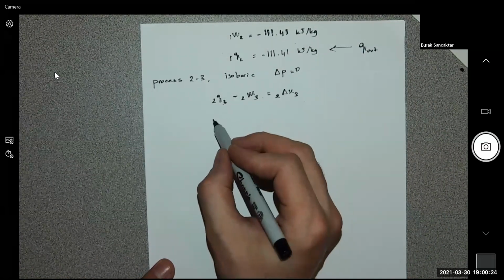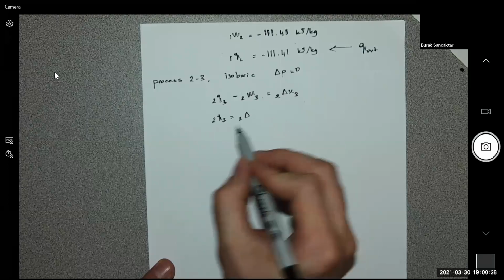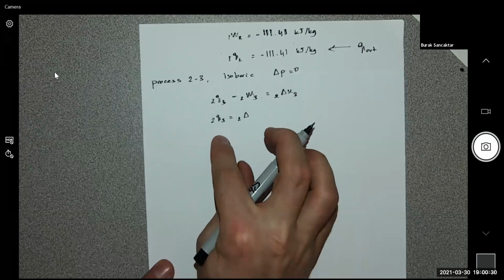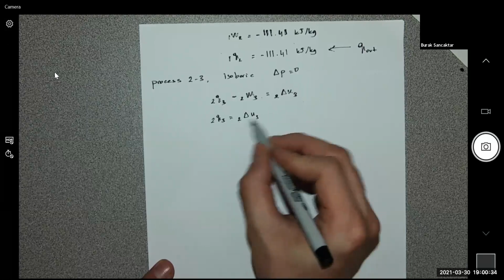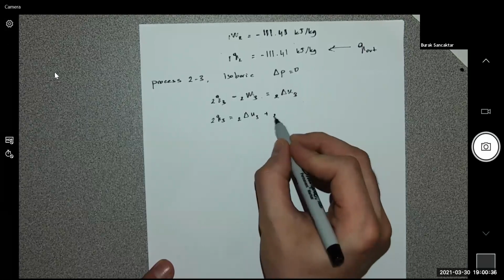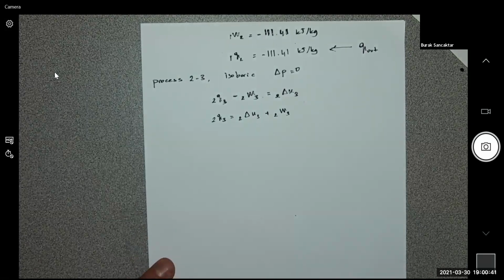And heat transfer from state 2 to state 3 will be equal to internal energy difference from state 2 to state 3 plus work interaction in the system from state 2 to state 3. Okay?